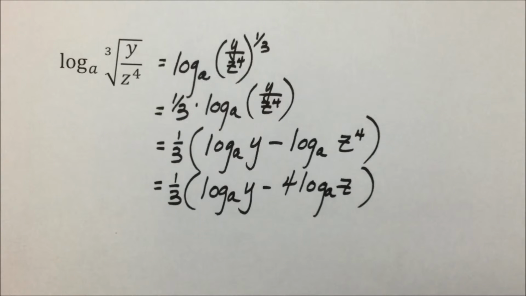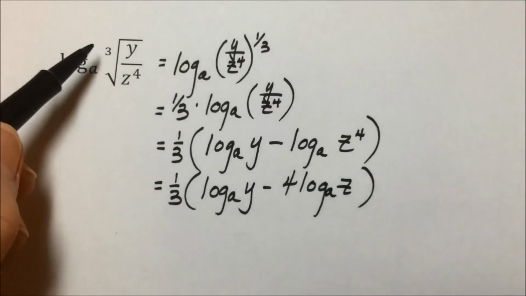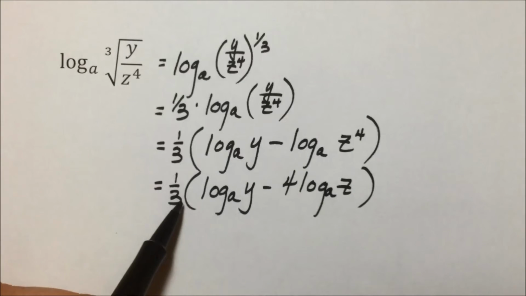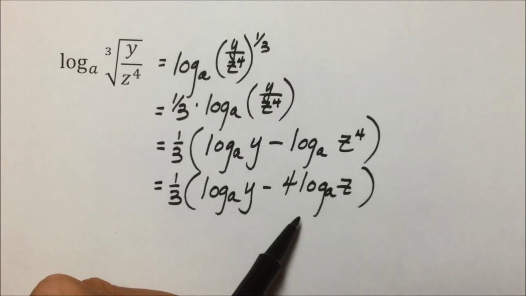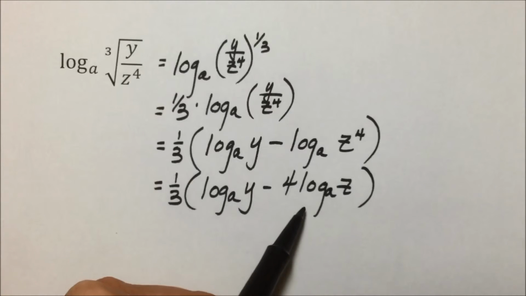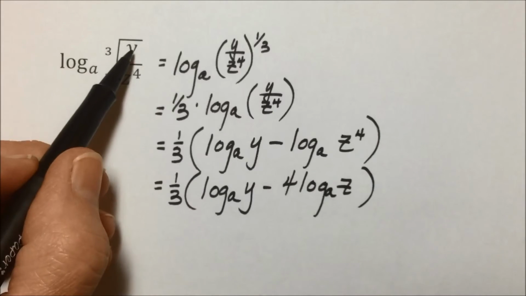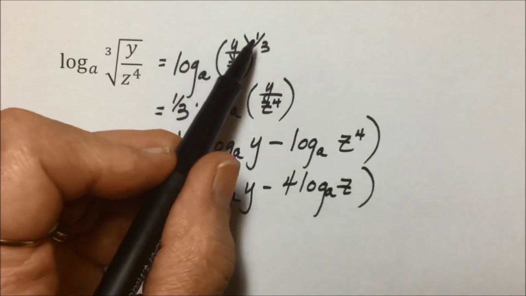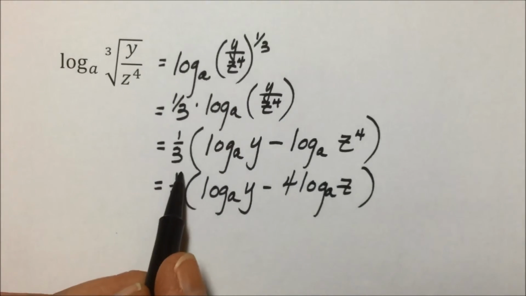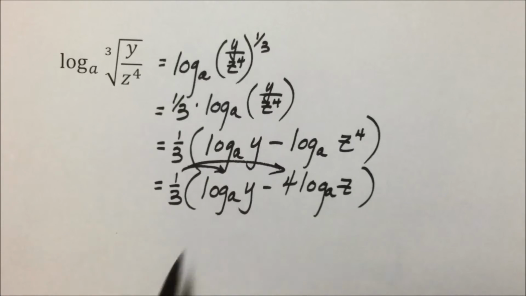And the only other thing perhaps would be to distribute the 1/3. Just to show that each of these terms should be multiplied by 1/3, it's because it was the cube root of this quotient. It was that quotient raised to the 1/3. So distributively, each one of these logarithm terms has that coefficient of 1/3.